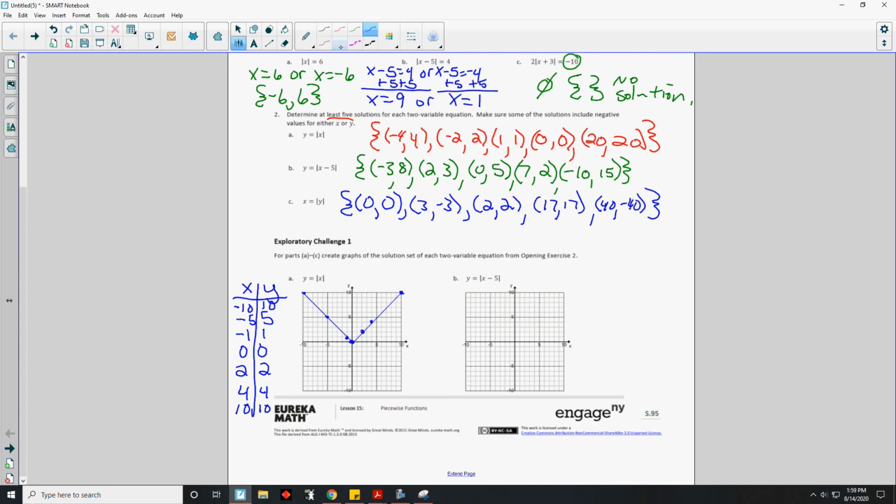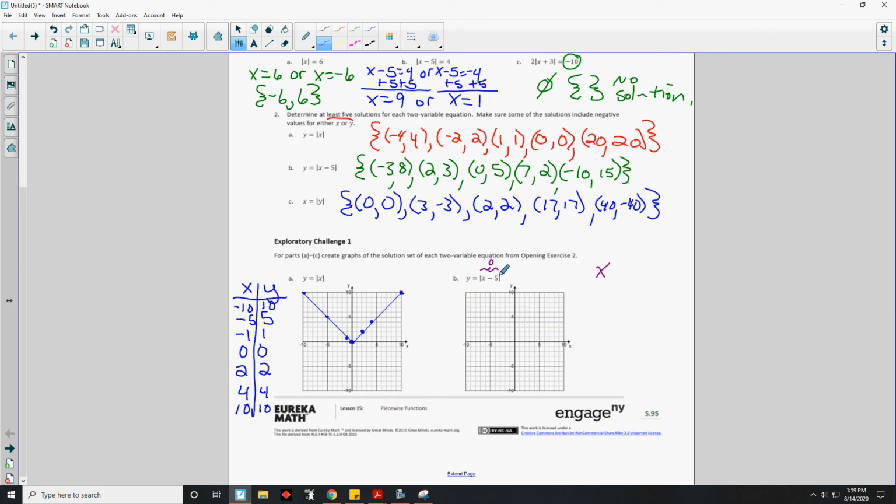Now let me elaborate a little on the center. So I always like to make sure I have the vertex, because say I pick points over here starting at 1 and only went to greater than 0. Well, then I would only see a linear equation. I wouldn't see where the vertex was and how it turned on the other side. So I like to know where this point is, and that point is when what is in the absolute value equals 0.